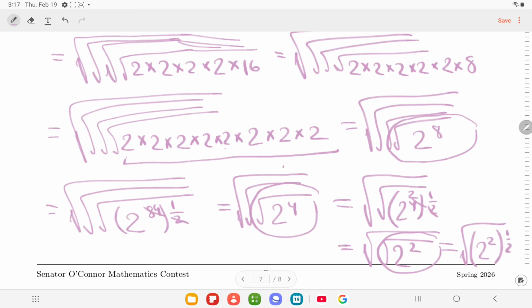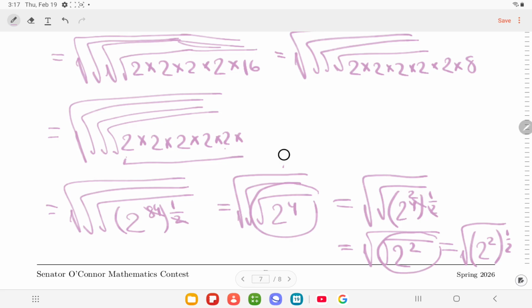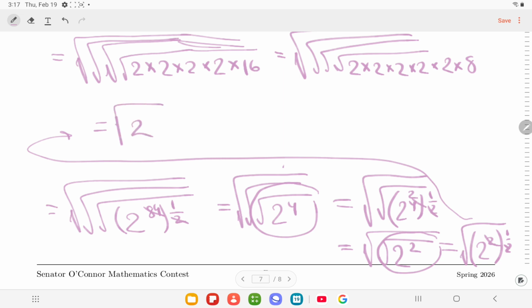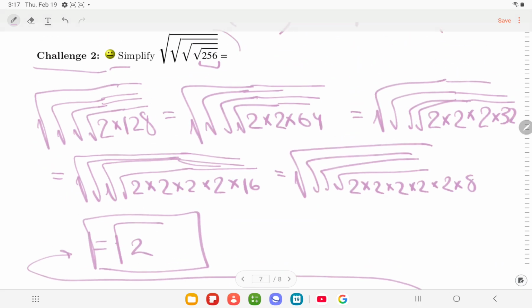And I've run out of space. Let me erase this. And 2 squared times the exponent of 1 over 2 gives us the root of 2. And this is as simple as this very intimidating term can get.